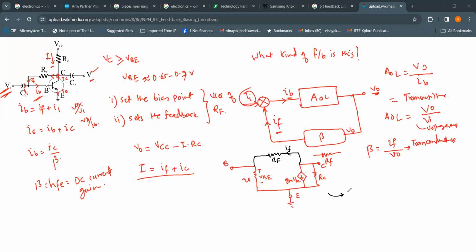So that's the small signal model. So what you see here, if you actually want to see the effect of feedback, you have to analyze that. Okay, so let me just find out.